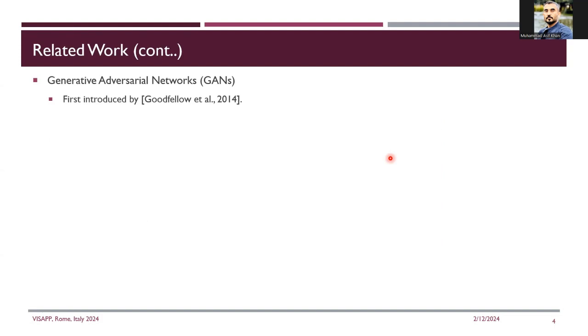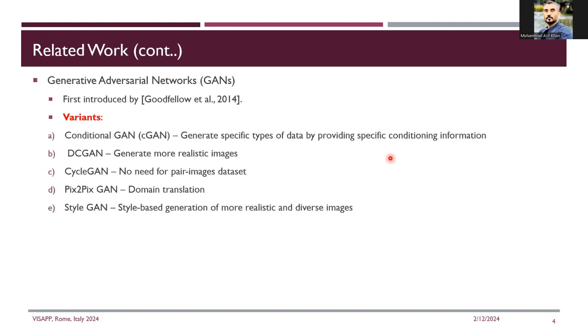Generative adversarial networks, or GANs, were first introduced by Goodfellow in 2014. Then over time, different variants of GANs have been proposed. Conditional GANs were proposed to generate specific types of data by providing some specific conditional information about the data being used to train the model.